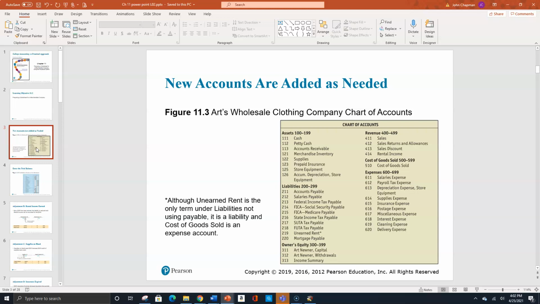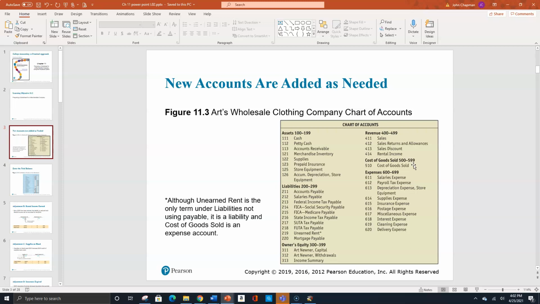Okay, so new accounts are added as needed. A little different, a couple of new accounts that we didn't have when we were doing the worksheet before. So we have sales returns and allowances, sales discounts, rental income, and cost of goods sold.